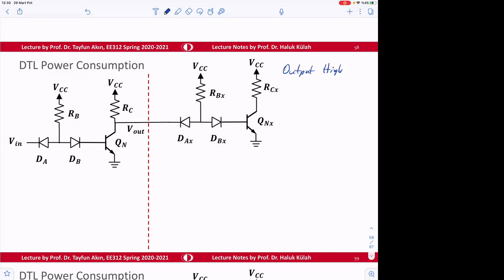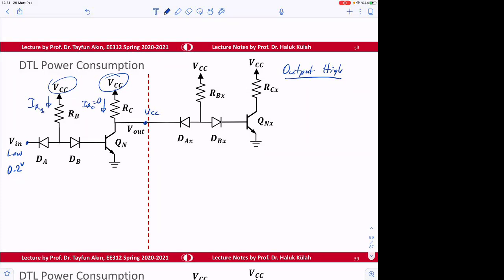Output high case, we need to find all the currents that are coming from this VCC. In fact, we have already calculated all the currents here. Okay, so for output high case, we know that input should be low. So typically we put here 0.2 volt because that's coming from the previous gate. And then this output is VCC. And then this current IRC is equal to 0.